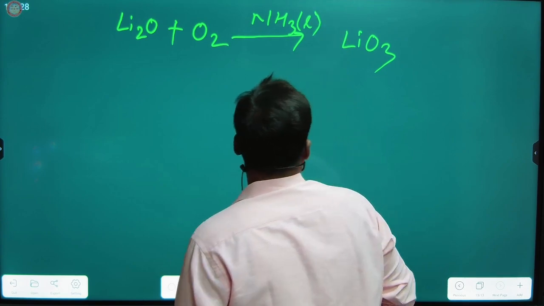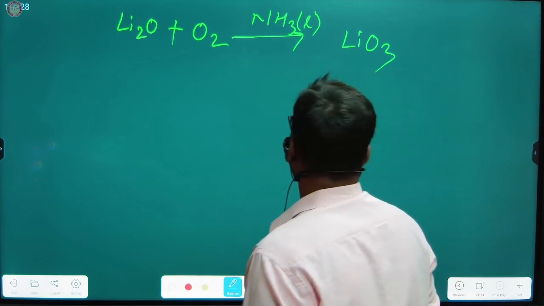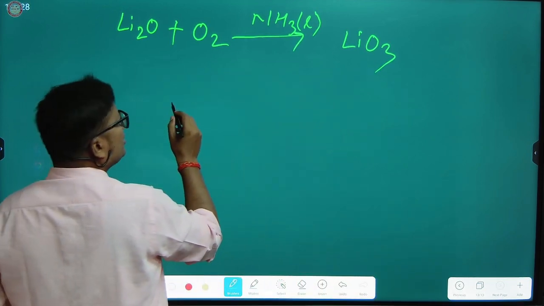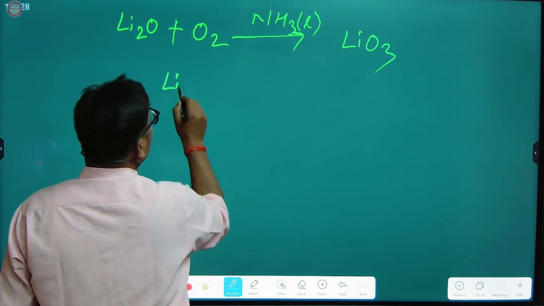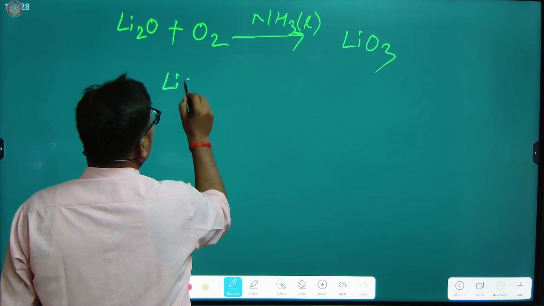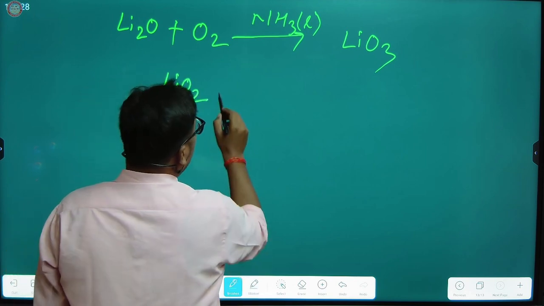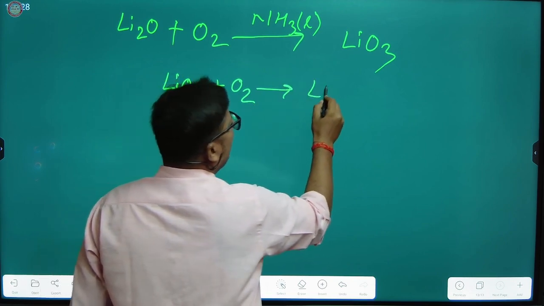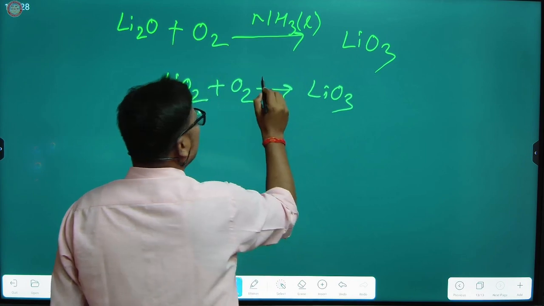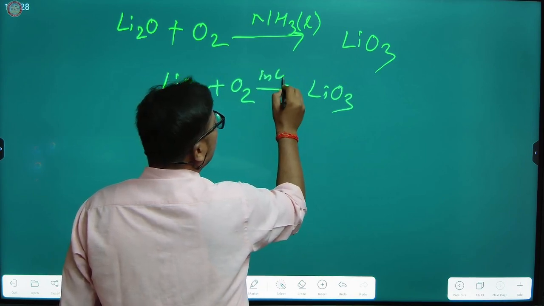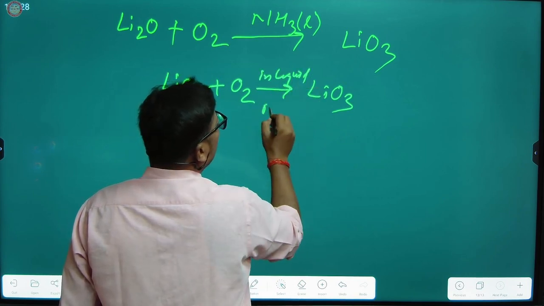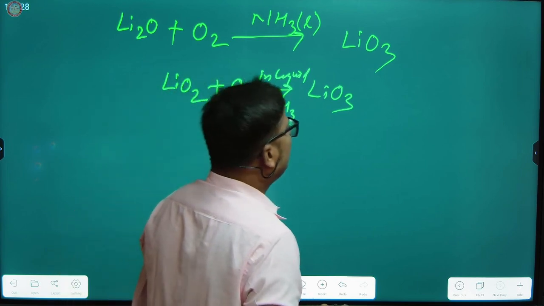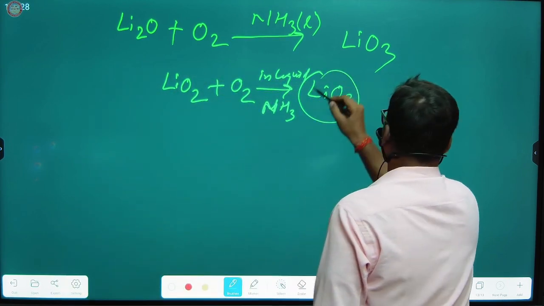Or you can say that LiO2 superoxide, once it reacts with oxygen, forms LiO3 in liquid ammonia. So this is lithium ozonide.